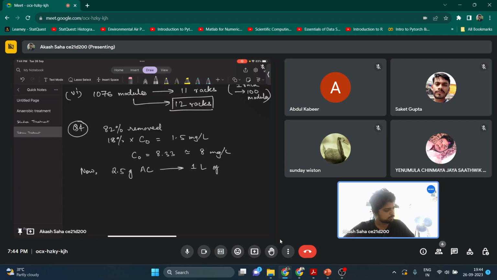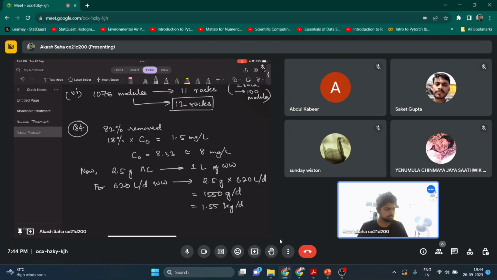Now again for activated carbon, 2.5 gram of activated carbon is required for 1 liter of wastewater, or treated water, whatever. So for 620 liter per day of wastewater, my activated carbon requirement will be 2.5 gram times 620 liter per day, which will be equal to 1550 gram per day, or 1.55 kg per day.